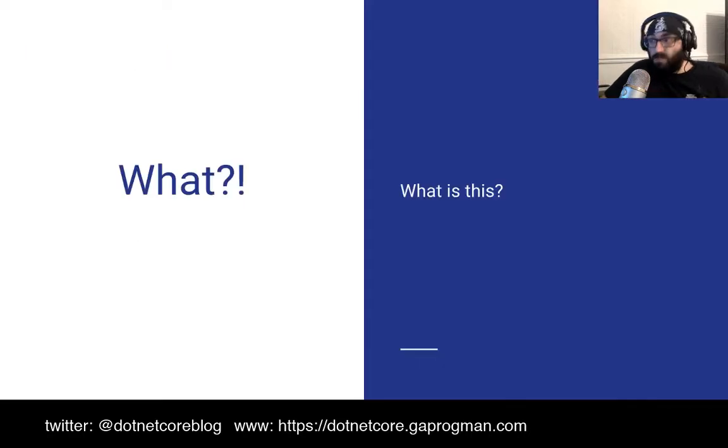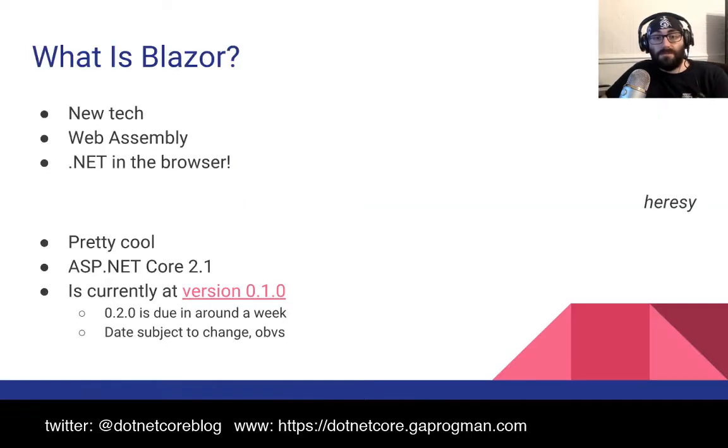Okay, right. So what is Blazor? It's brand new technology. Well, I say brand new. It was shown off last year. We'll come to that in a moment. It runs in .NET Assembly. It is .NET for the browser, running in .NET Assembly, which is really cool.